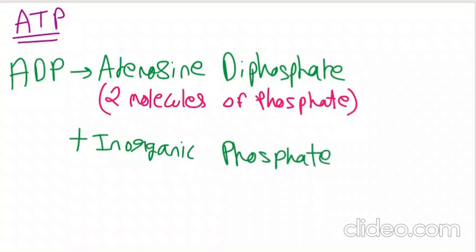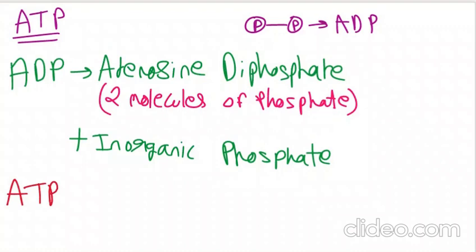Before, there were only two molecules of phosphate. That made the ADP, adenosine diphosphate, because there are two phosphate molecules. Now it converts into ATP, that is adenosine triphosphate.